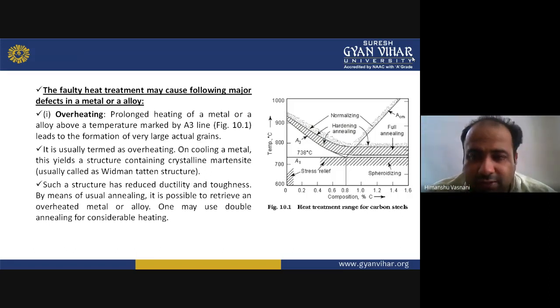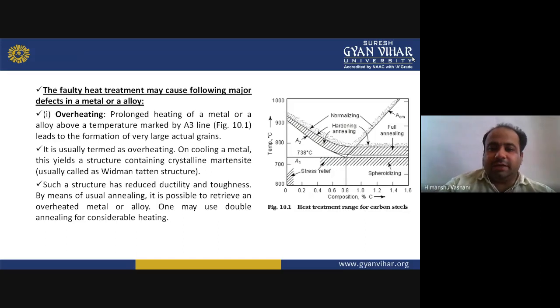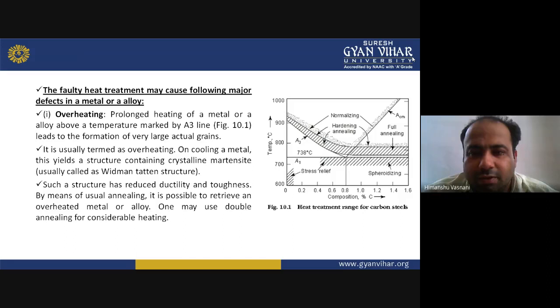You can easily see the A3 line and the ACM line. Below that you have the stress relief zones, in which you release the stress.